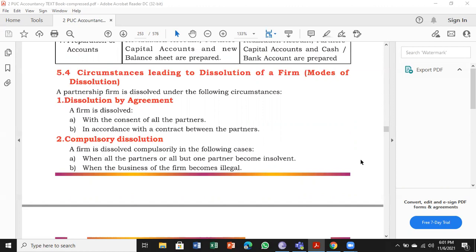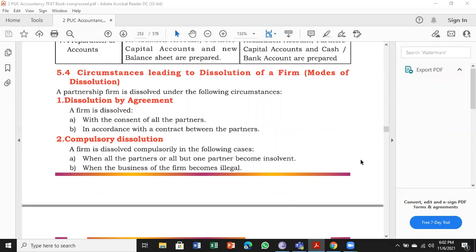See the words used here, very simple for you to understand. Dissolution of a firm. They have not used dissolution of a partnership firm. Firm means here in this situation, partnership firm only. It is not a sole trading concern. So in which situation does the partnership firm come to an end?